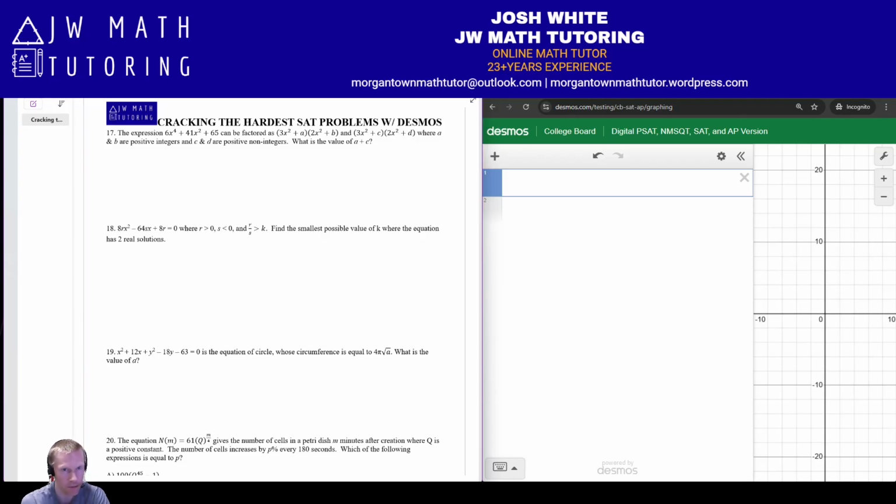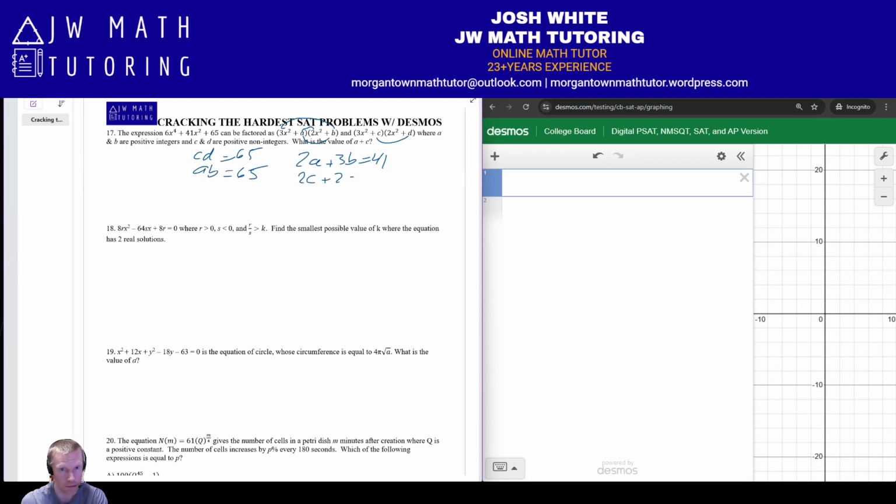But we do know that a times b is going to be 65, and the same thing, c times d is also going to be 65. We also know that the inner and outer terms need to equal 41: the inner 2a plus the outer 3b needs to equal 41 for the x squared term. The same is true with c and d.